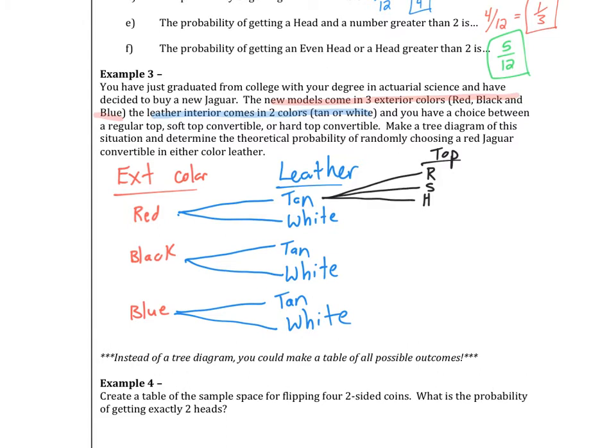Okay, the one that's got white leather could also be regular, soft, or hard convertible. Same thing with the next one, regular, soft, or hard convertible. And regular, soft, or hard convertible.